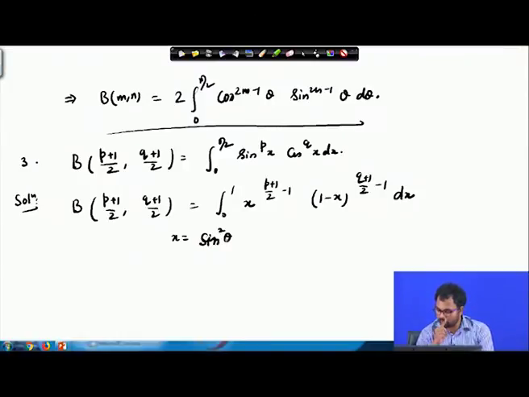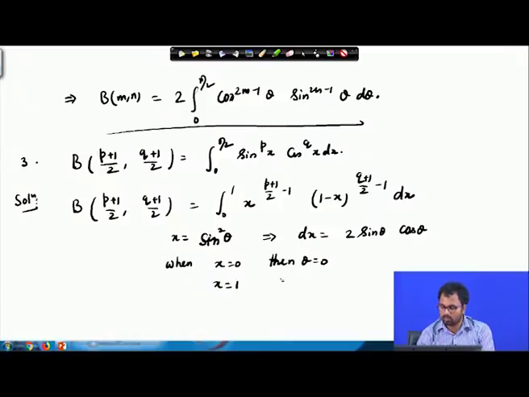So, we substitute x equals sine square theta, then this will reduce to dx equals 2 sine theta cos theta, and when x is 0 then theta is 0, and when x is 1 then theta is pi by 2.